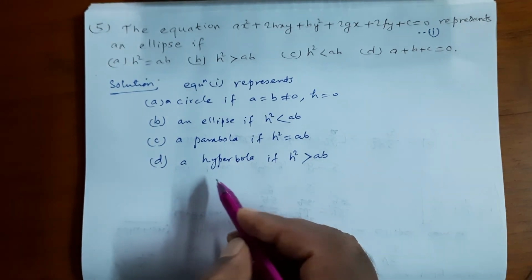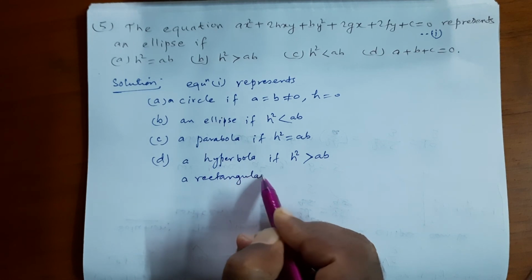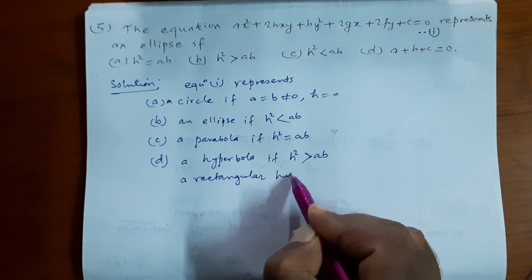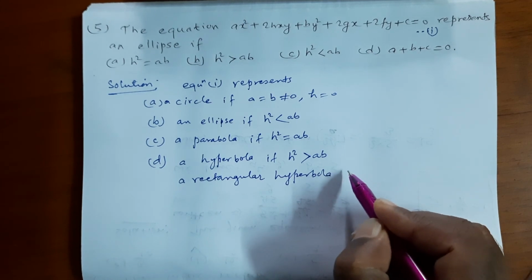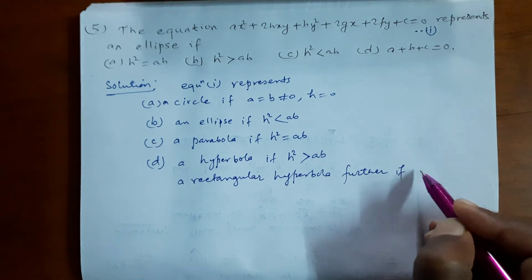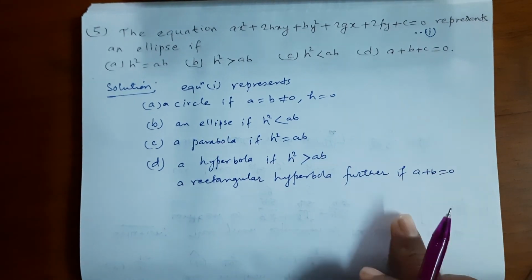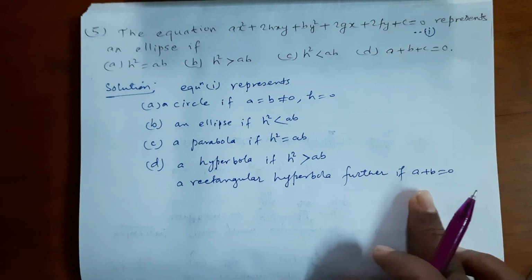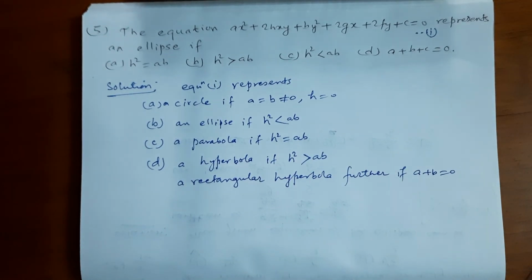And a rectangular hyperbola further if a plus b equals 0. So to represent a rectangular hyperbola, we have one more condition, a plus b equals 0 as well.